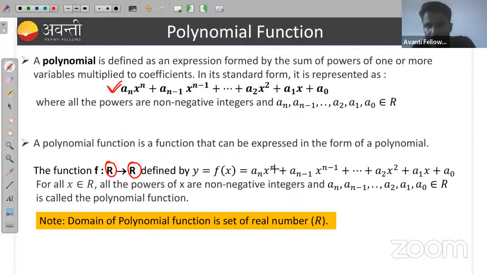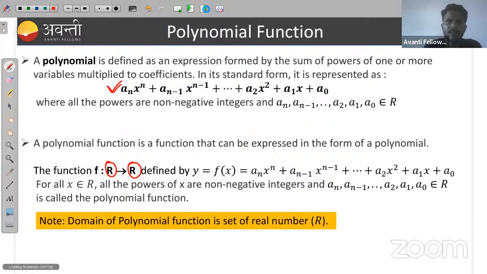All the powers of x are non-negative integers and the coefficients a_n, a_(n-1) and so on belong to R, which is called a polynomial. So a polynomial function is nothing but f of x equal to a polynomial. Whenever there is a polynomial, you know the different types of polynomials, of different degrees, yes or no?